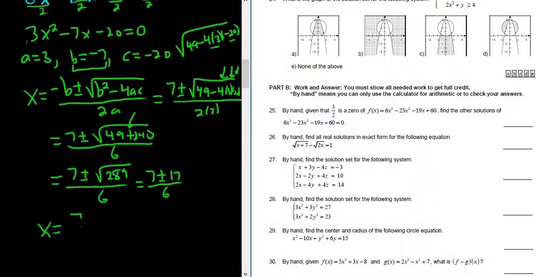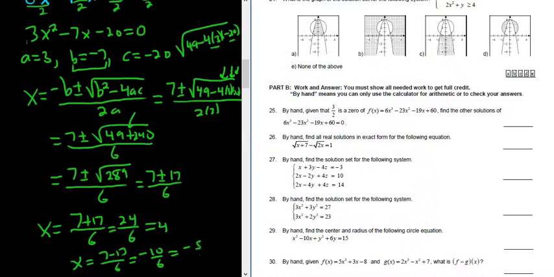The plus first: x is 7 plus 17 over 6, which is 24 over 6, so 4. The other one is x equals 7 minus 17 over 6, which is negative 10 over 6, which is negative 5/3. And those are the other solutions to this equation.